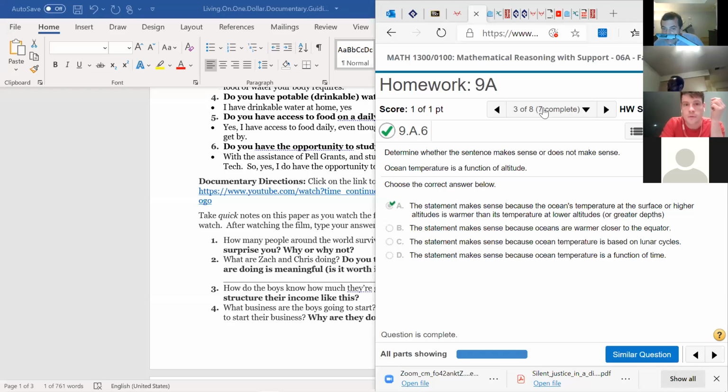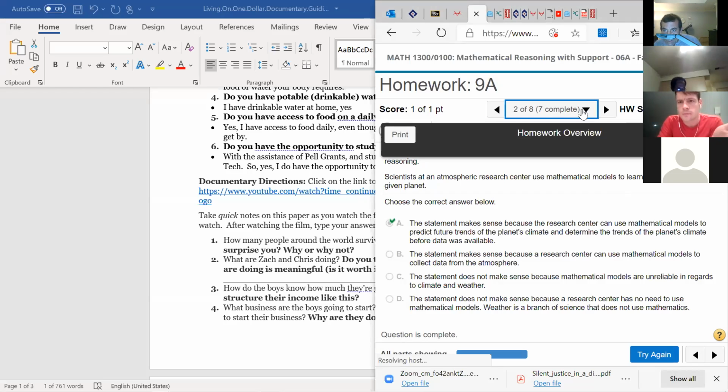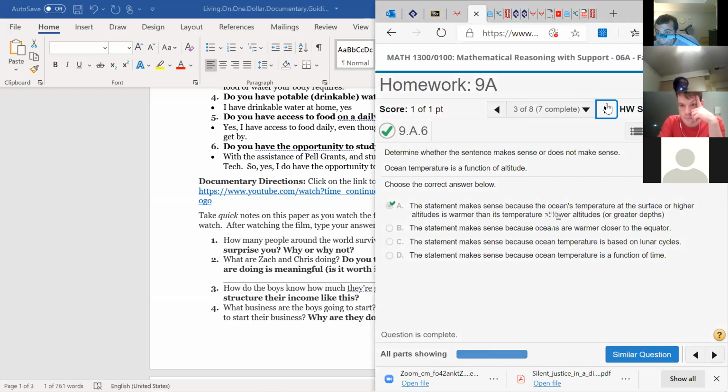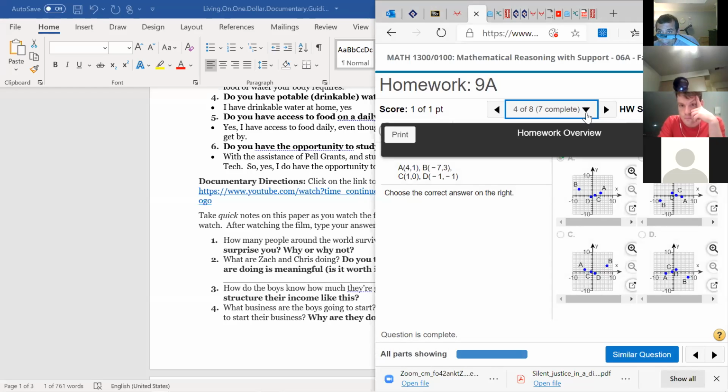Okay, I see 9A. All right, so this is not the one I have an issue with. The one that I have a problem with is, okay. Pull that down, hit that arrow down right there. Yeah, it's not working.